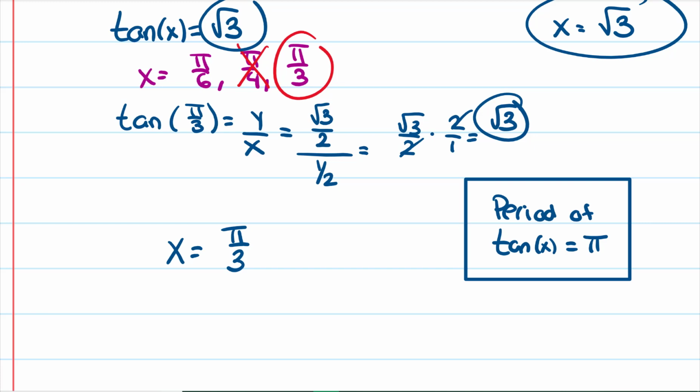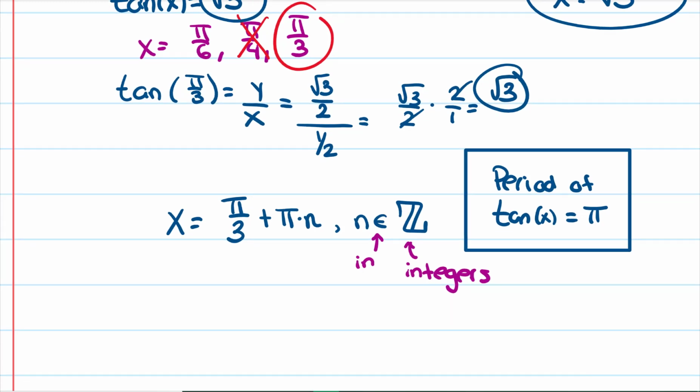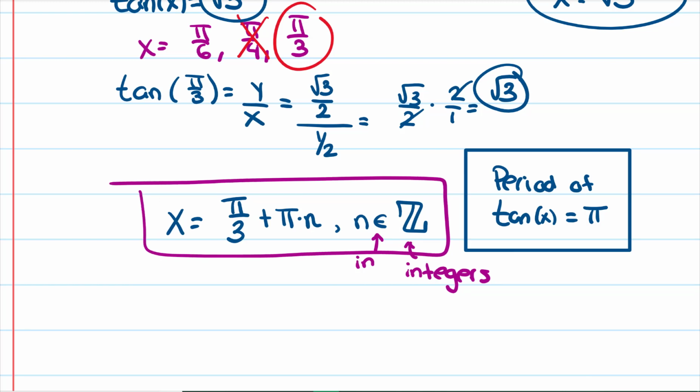So we have to add pi times n, where n is in the integers. This fancy Z means the word integers. So the solutions are pi over 3 plus 1 pi, pi over 3 plus 2 pi, pi over 3 plus 3 pi, and so on. And we box that, and we're all done.